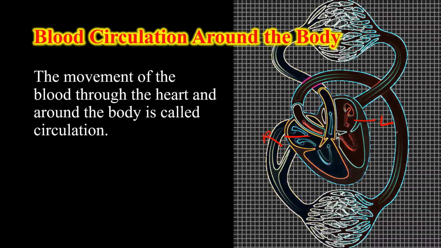The left side of our heart is related with the oxygenated blood, or we can say the pure blood, while the right side of the heart is related with the impure blood, or we can say the carbonated blood. The circulation of the blood starts from the left ventricle of the heart.